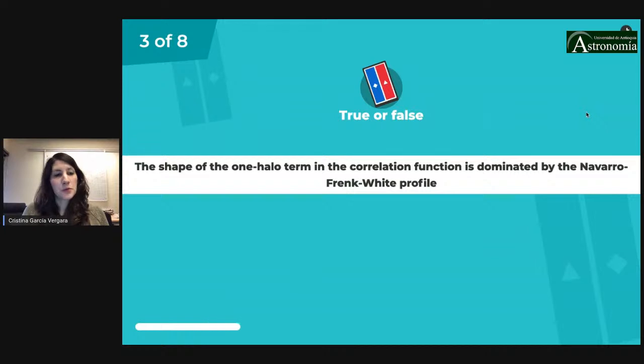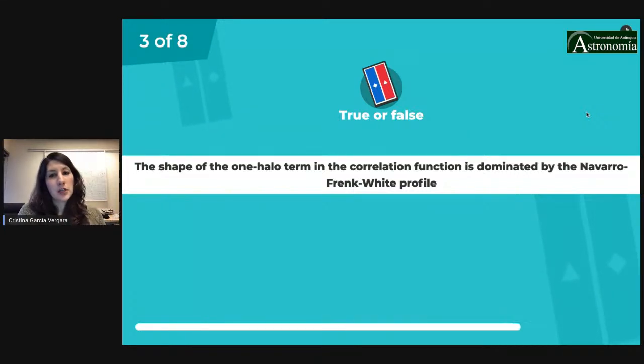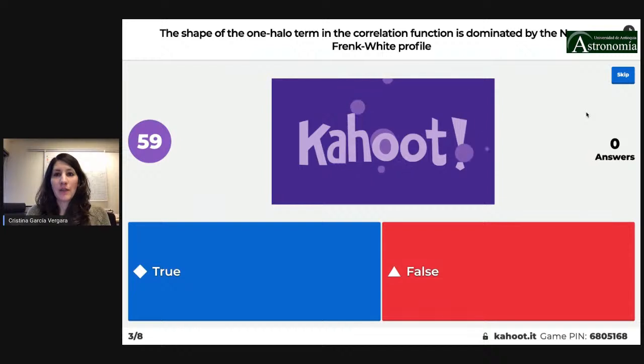This is a true or false question. The shape of the 1-halo term in the correlation function is dominated by the Navarro, Frenk, and White profile. True or false?